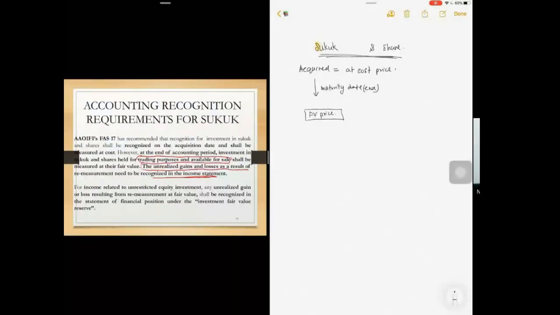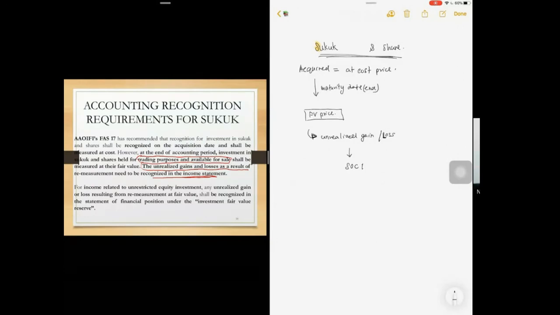So barang yang tak terjual tu kita recognize as unrealized gain atau loss. So this unrealized gain atau loss ni kena transfer in kita punya income statement ataupun in kita punya SOCI. So ini macam dia punya basic recognition. Nanti kita tengok soalan on journal baru korang boleh nampak.